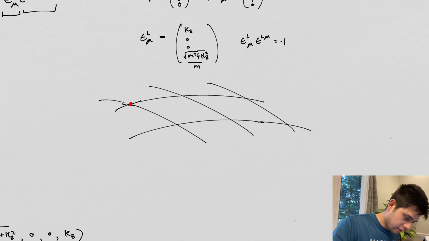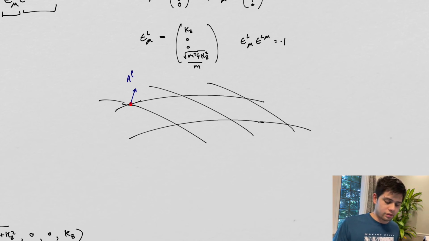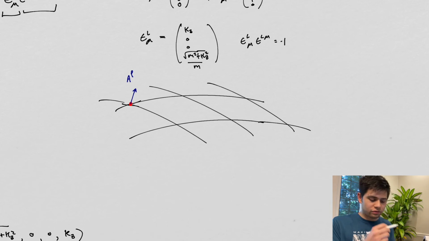So here we have our A row. This is a little bit of a misnomer because this vector covers space, right? But at every point in space there's a vector. So this picture is a little bit misleading, but it's the best I can do.